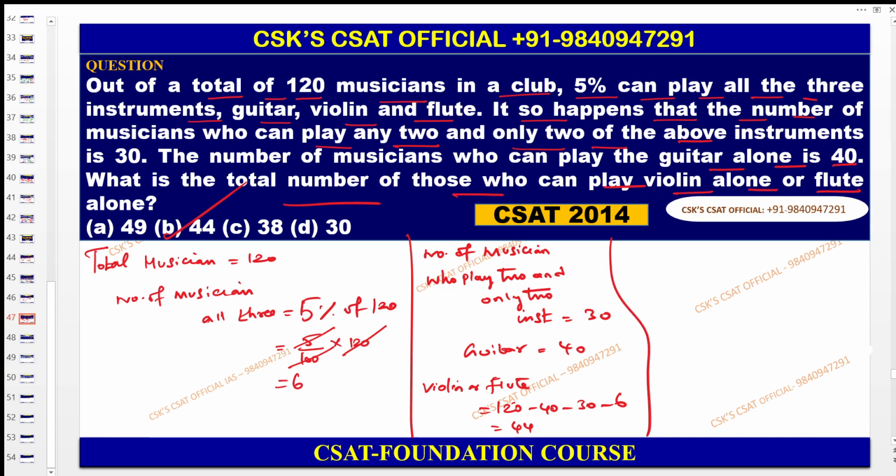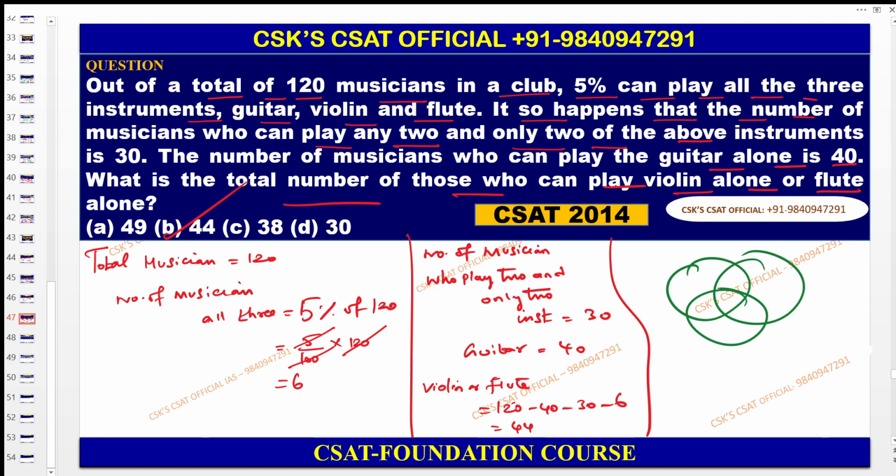You can go with the Venn diagram method also. Anything is fine. Does anybody need the Venn diagram method, or is this method fine?